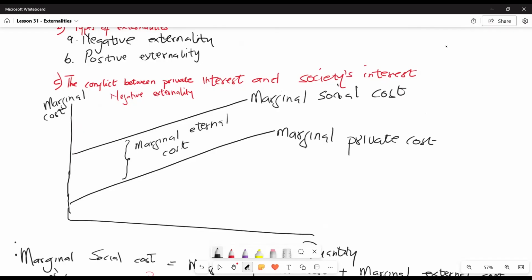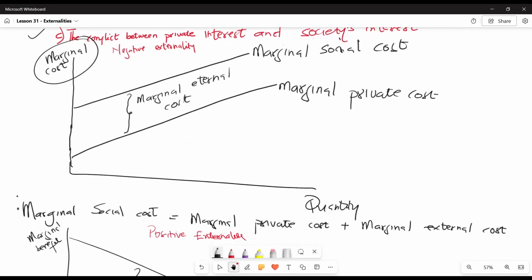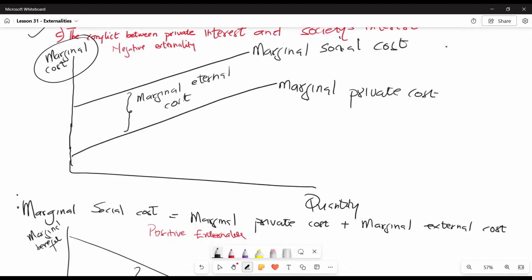If we look at this graph, we are looking at negative externality from the production side. We have a seller's marginal cost of production, and then we have society's cost of production. On the vertical axis, we have marginal cost, and on the horizontal axis, we have the quantity that you produce or consume.